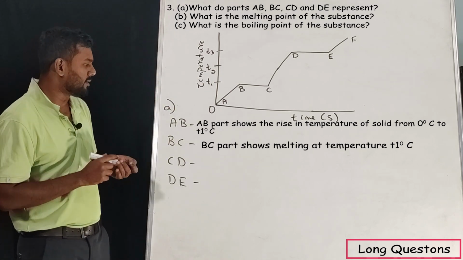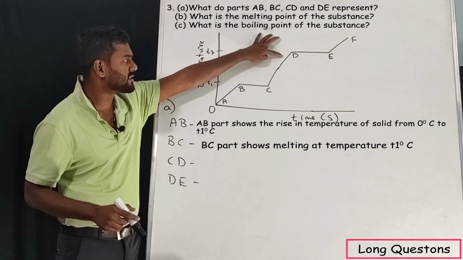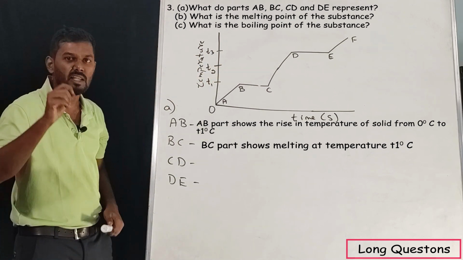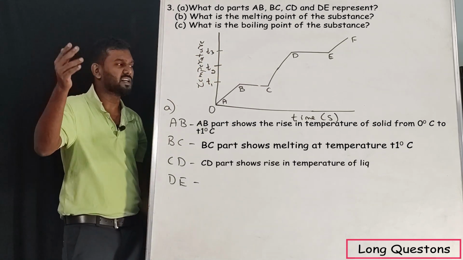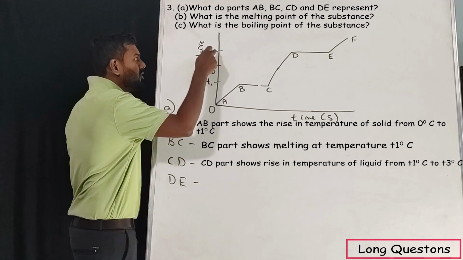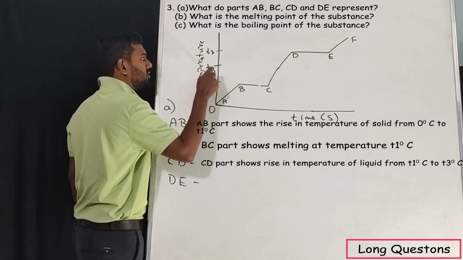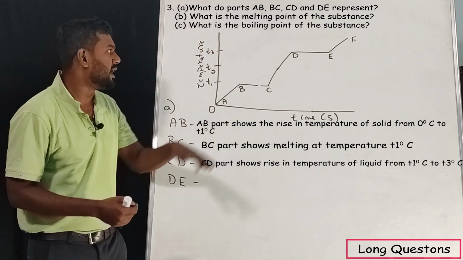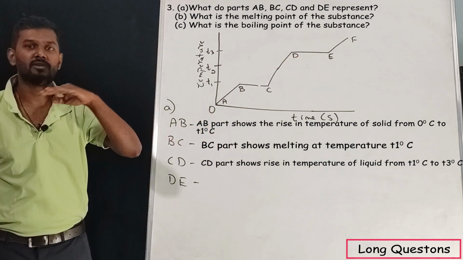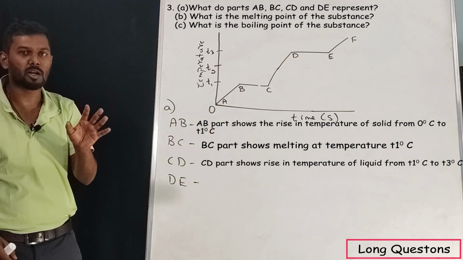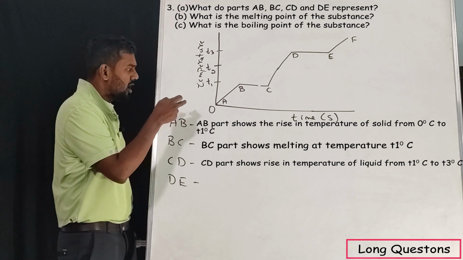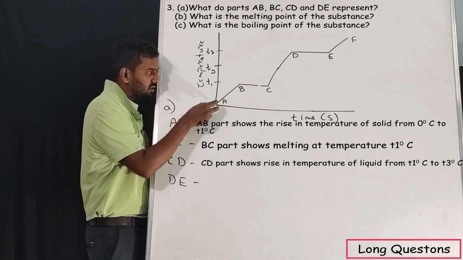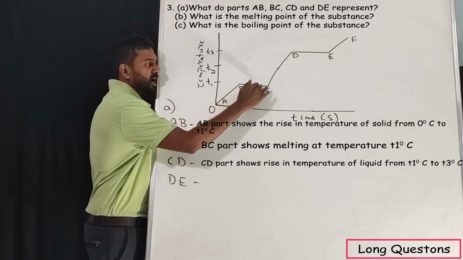Keep that in mind. Then the slope CD represents a rise in temperature from T1 to T3, that's it. Then DE again is a flat line that represents a process. So assume it as ice. If you raise the temperature, it will start melting.